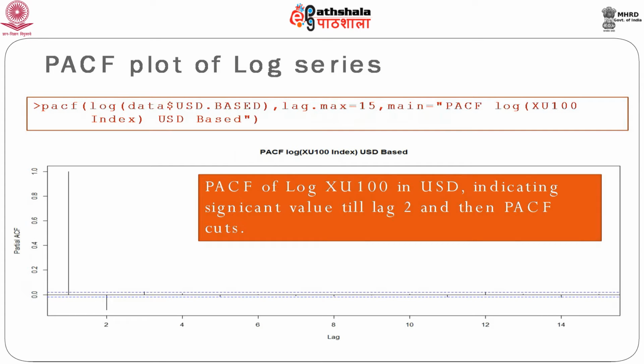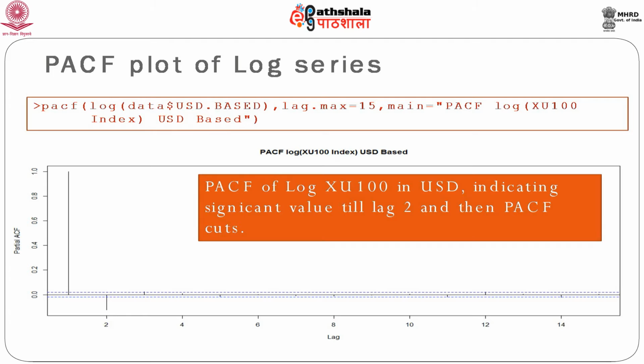And then I will look for the AR component, and there I use the partial autocorrelation function. The partial autocorrelation function can be drawn by the pacf function, where in the same way you include the log variable, and I set the maximum lag to 15, and then you will get a plot something like this.